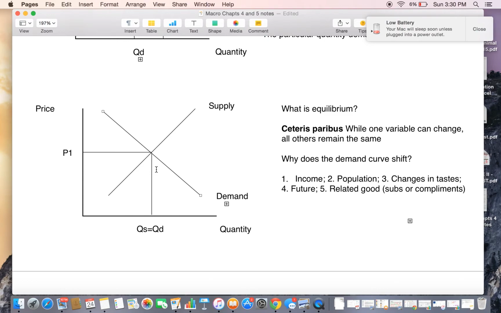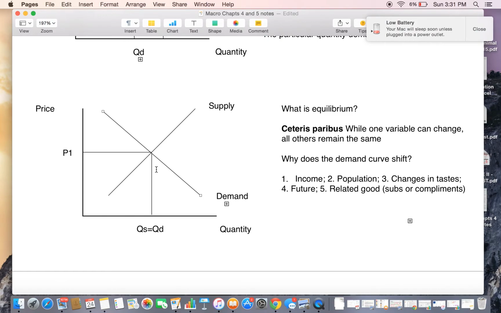Okay, now the next thing we're going to look at is the supply curve. So the supply curve is going to look at the producer's perspective as to why the supply curve could shift around. When we look at the demand curve, we're thinking about, from the consumer's perspective, why our demand curve would shift around.